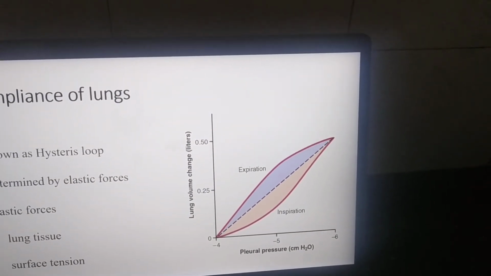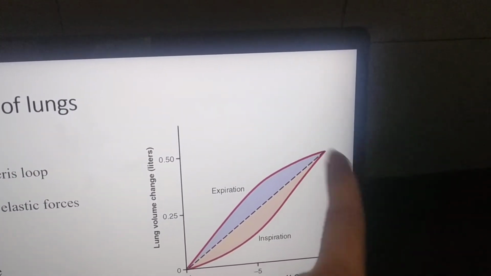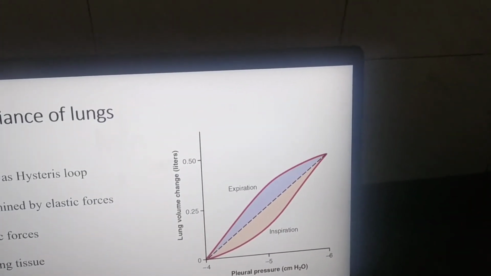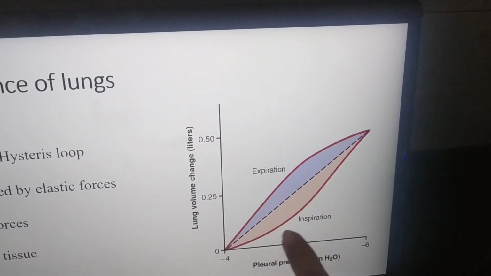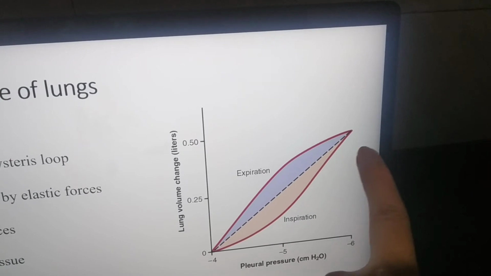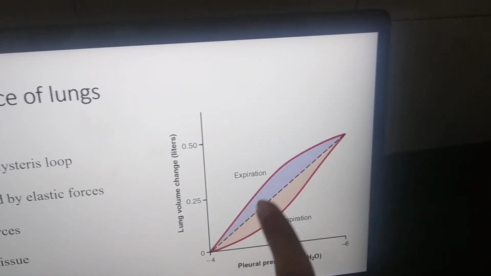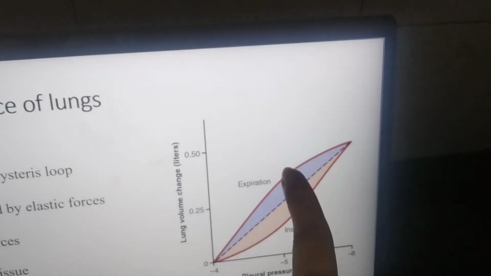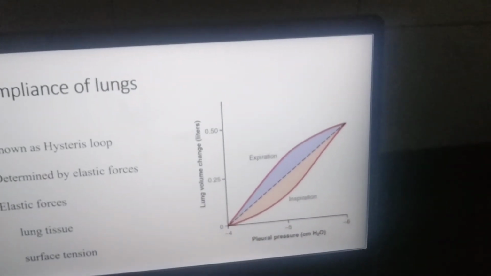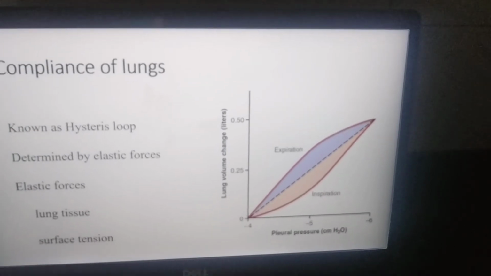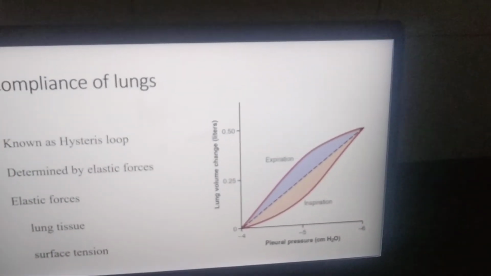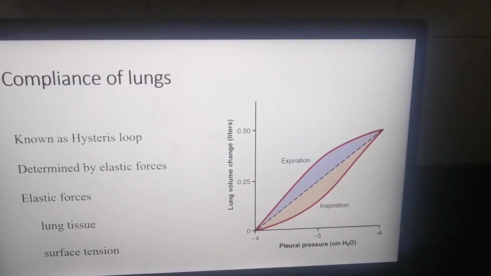And with expiration, the graph does not come down by the same path. After inspiration, when expiration occurs, it follows a different path. So in this compliance diagram, the inspiration curve and expiration curve are drawn differently. This is known as the hysteresis loop.